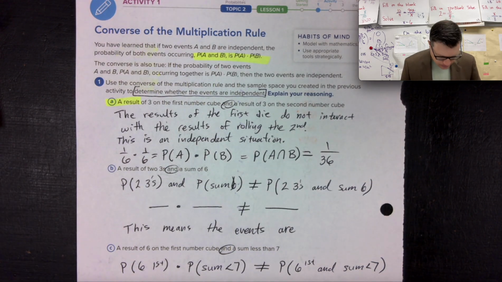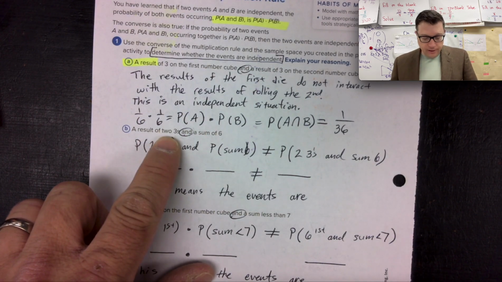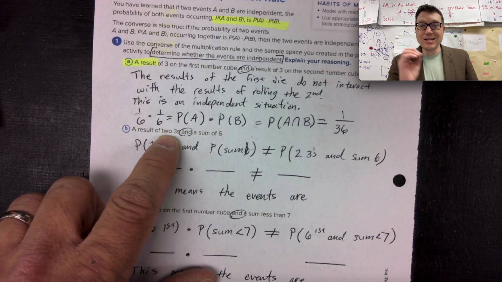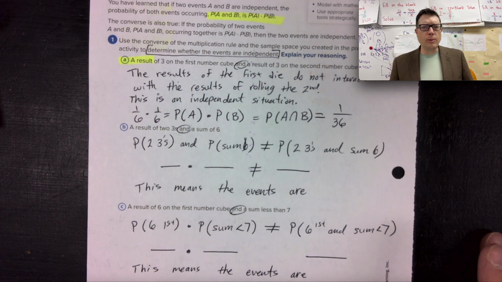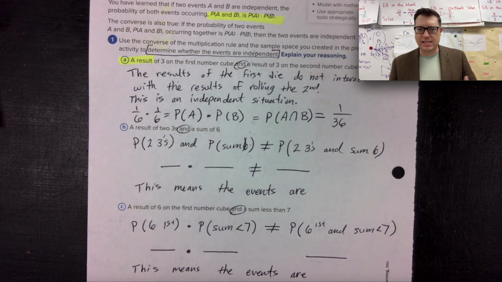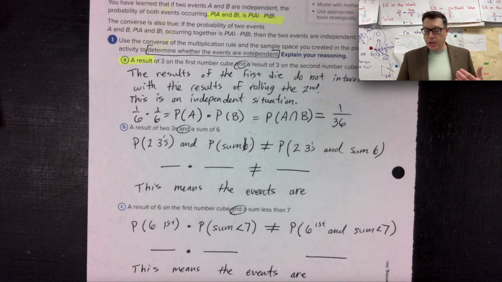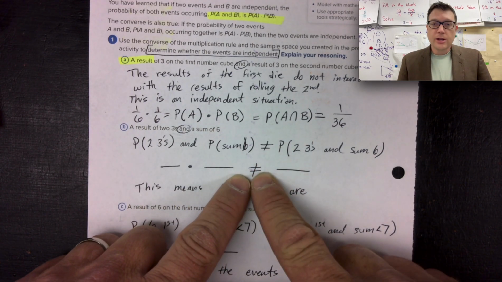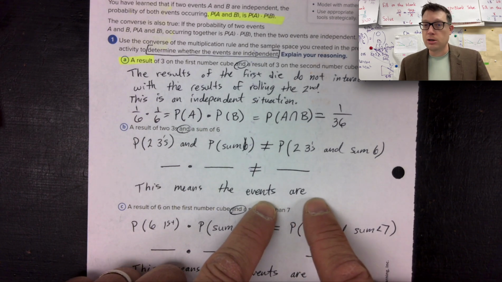Next question. The results of 2 3s and a sum of 6. So what we need to do is figure out the results of rolling 2 3s. Then we need to figure out the results of rolling a sum of 6. And then consider what's the combination of all of that together. Because if we get an equation that's a true statement, then we can say the events are independent.